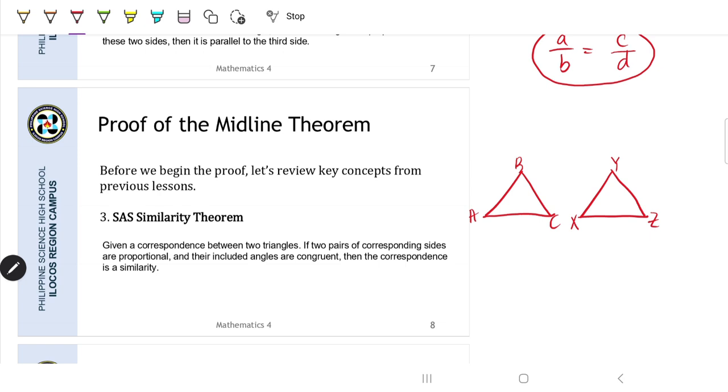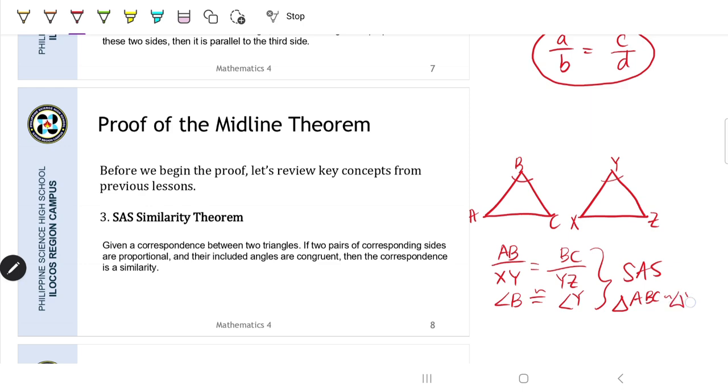So if we can get the proportion of two pairs of corresponding sides, let's say AB over XY is equal to BC over YZ, okay, and their included angles, so this is angle B and angle Y, are congruent, then by SAS, we can say that triangle ABC is similar to triangle XYZ.